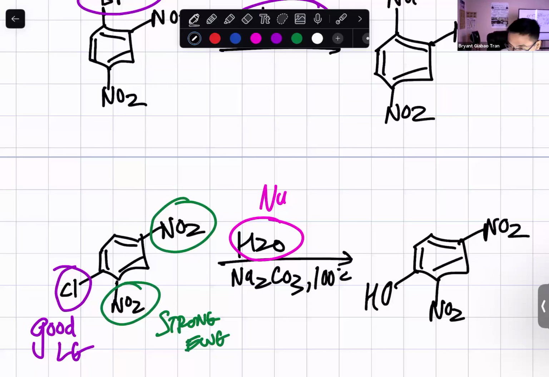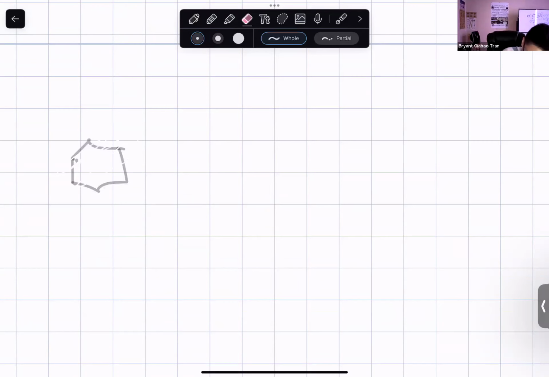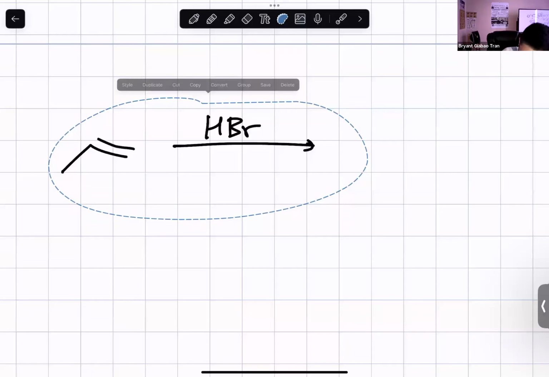Electrophilic addition. Oh, you're in 128A. Do you mean electrophilic aromatic substitution, like when you have a benzene? Oh no, I think alkene reactions, right? Like when you have an alkene like this, and then you react it with... alkene reactions. Okay.